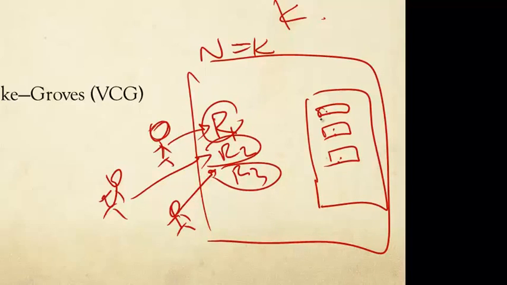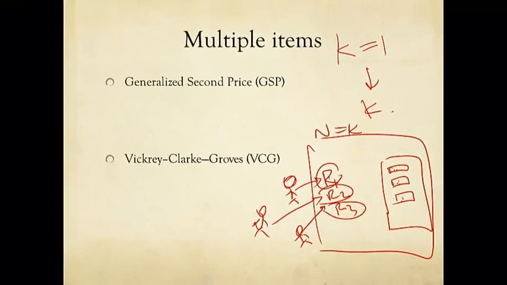And then Google will say, all right, I got 3 items, I got 3 bids from 3 buyers respectively. How should I allocate? Now, one way to allocate is to say, well, the highest bidder gets the best spot, second highest bidder gets the second best spot, third highest bidder gets the third best spot.